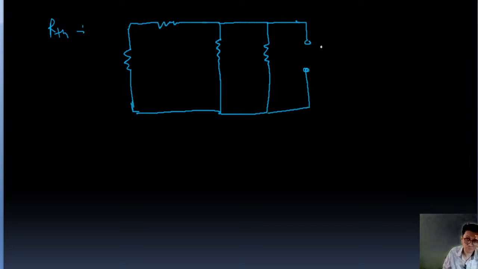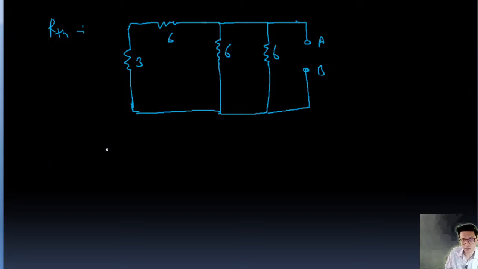This one. Okay, this is A, this is B, this is 3, this is 6. These are kilo ohm. Okay, in kilo ohm, this is 6 and this is 6. So here we can see these two are in series, these two are parallel, and then this series sum is parallel to their parallel, right?